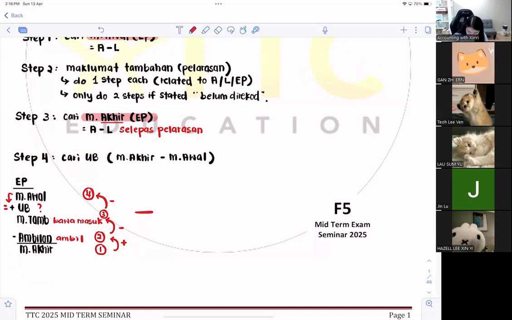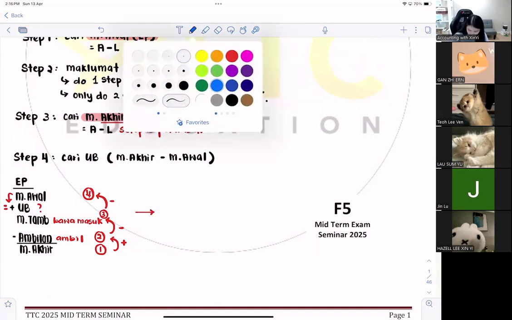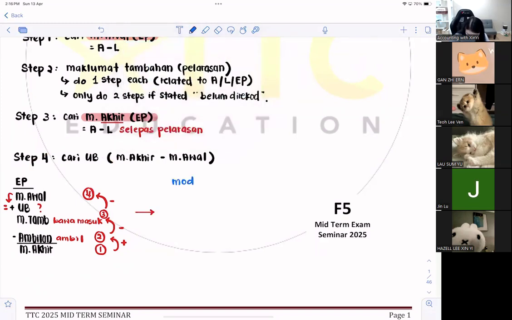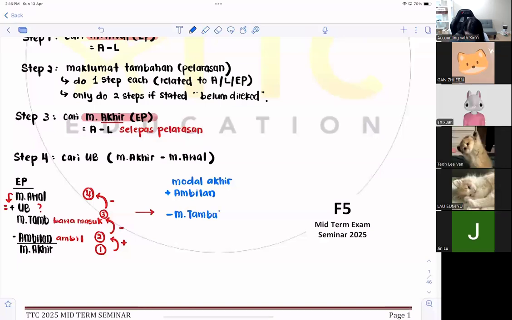So become this way. Model RQ to start, tambah ambilan, tolak model tambahan, dan model awal. Answer is untung bersih.